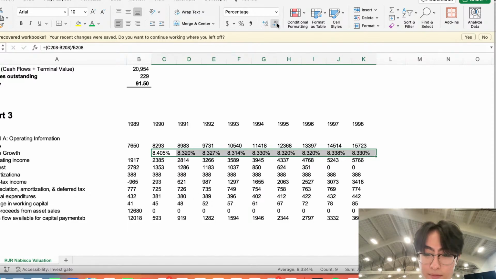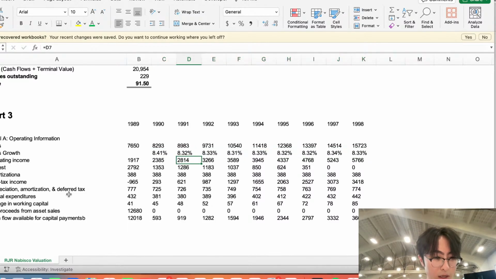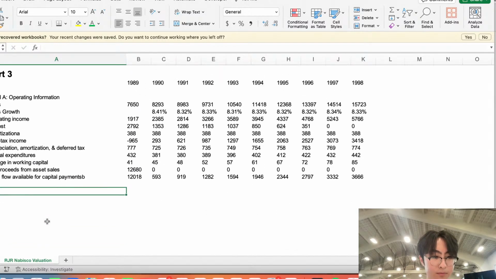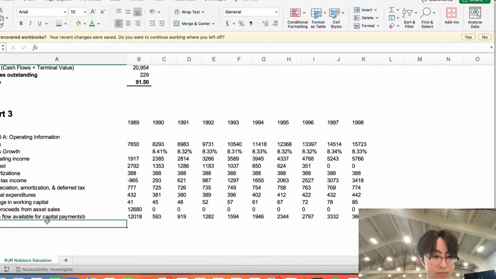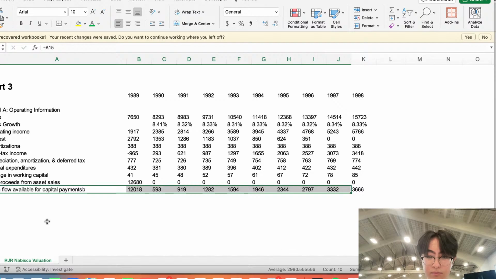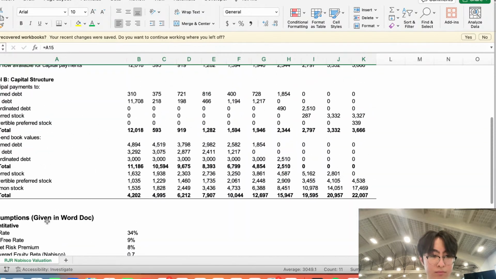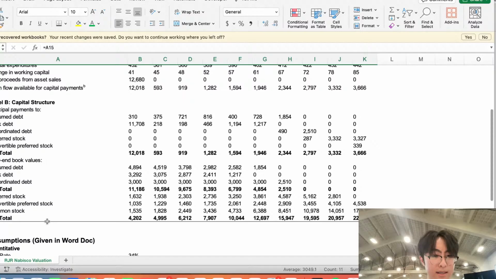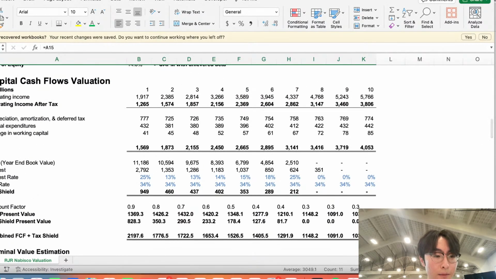Alright. Yeah, okay, so around an 8.3% compound annual growth rate. I think, actually let me probably take this actually.